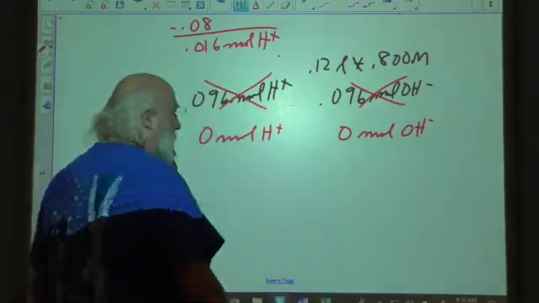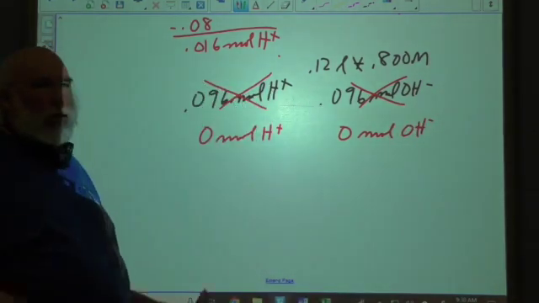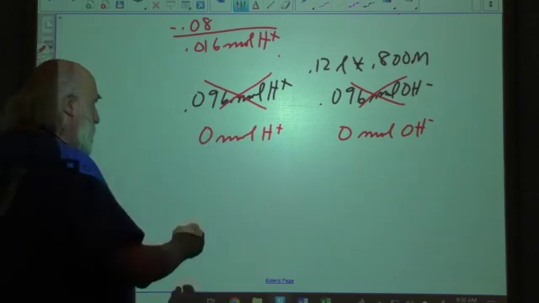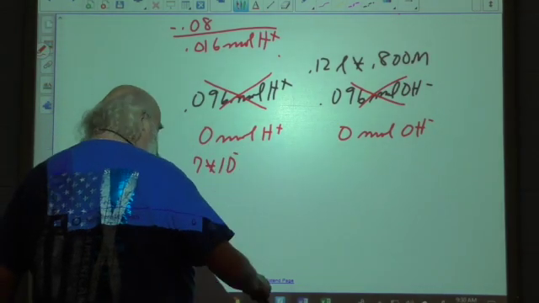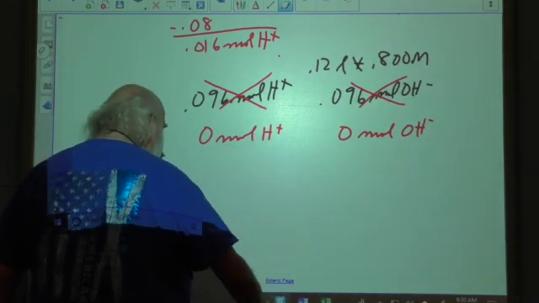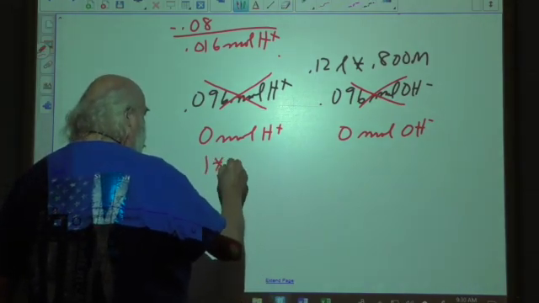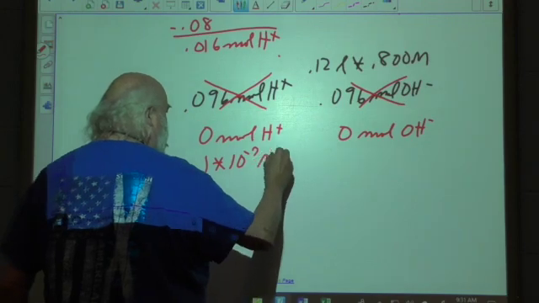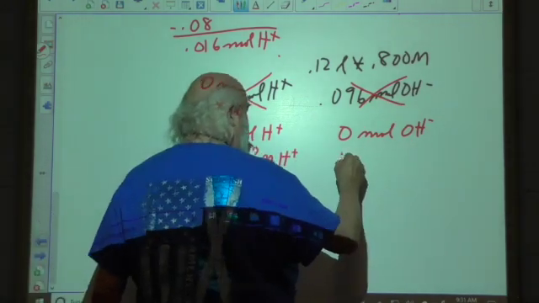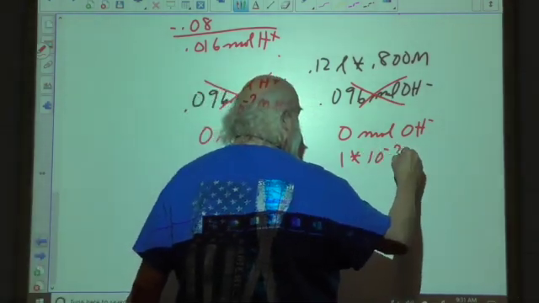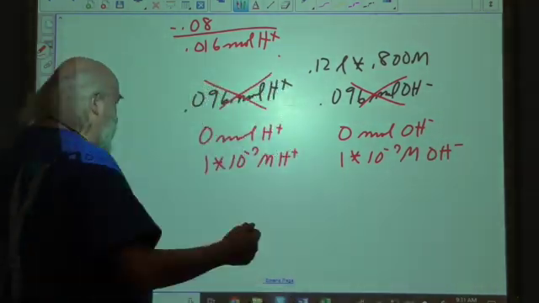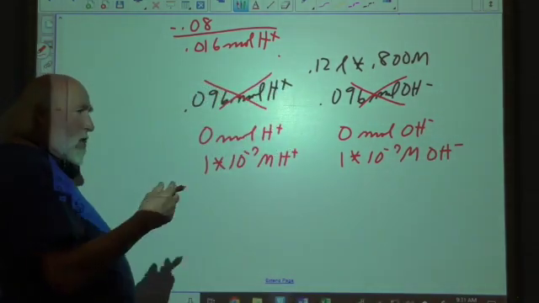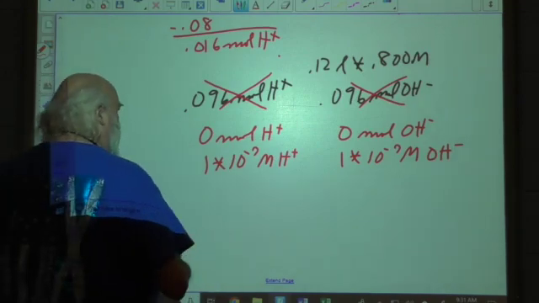However, because these are found in water, there is really 1 times 10 to the negative 7 moles per liter of hydrogen, and 1 times 10 to the negative 7 moles per liter of hydroxide. Why, you may ask? Well, it's because of Kw. We talked about this when we found pHs.